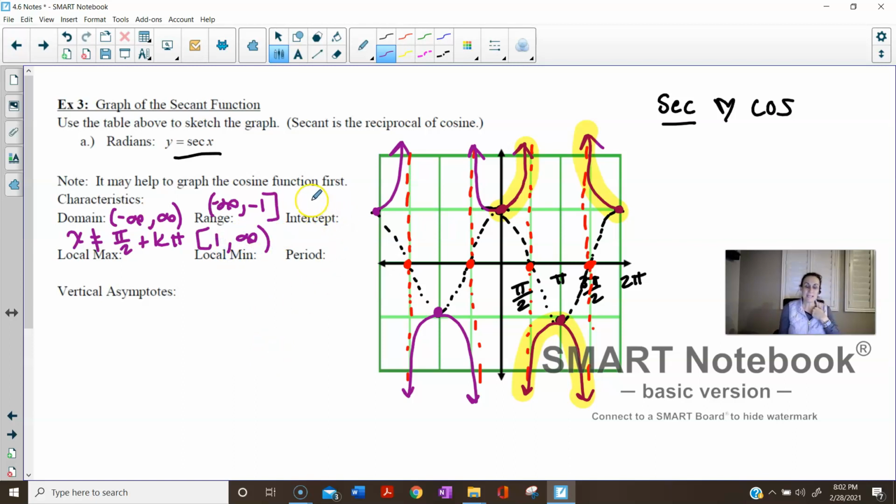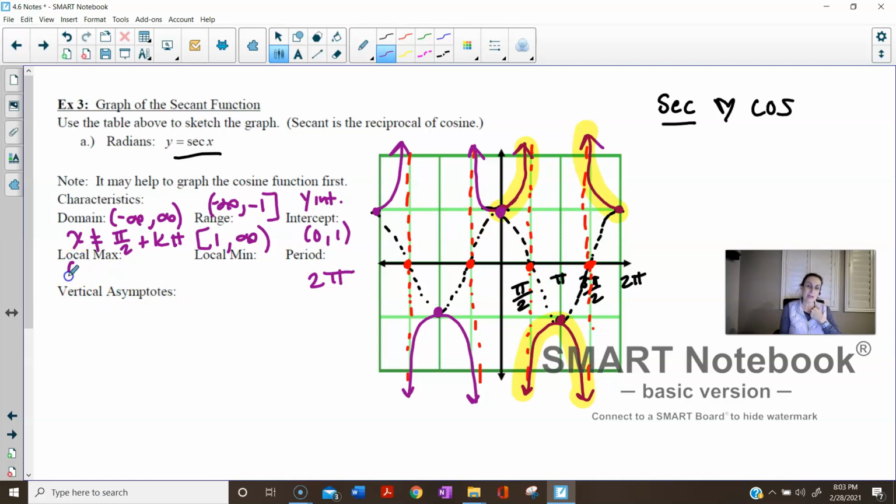There's only one intercept. It's the y-intercept, and there's a y-intercept right up here, and that intercept is at 0, up 1. The period, it repeats just like the cosine graph every 2 pi units. The local max is going to be the top of these hills.